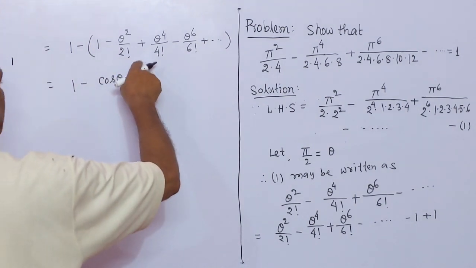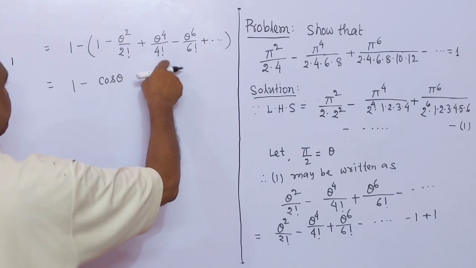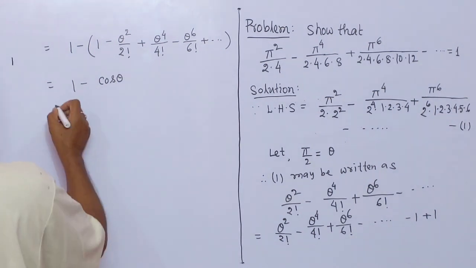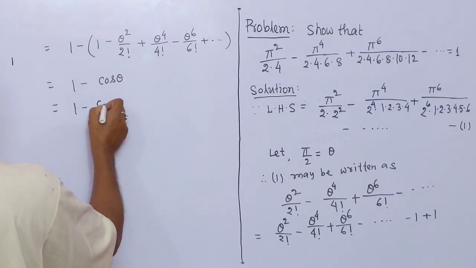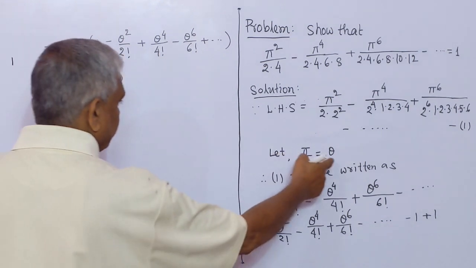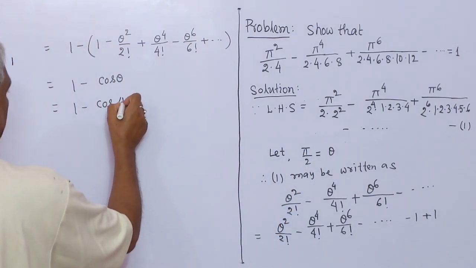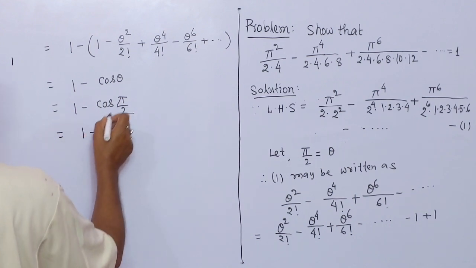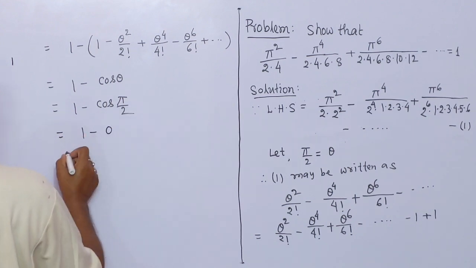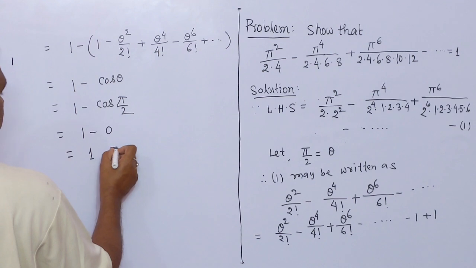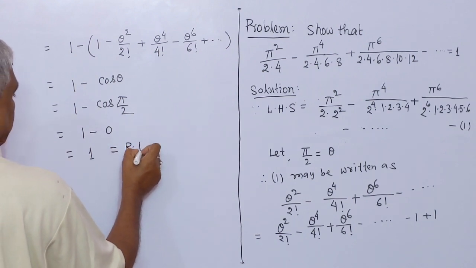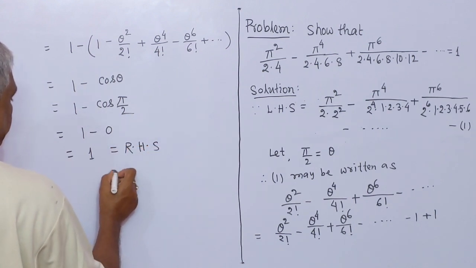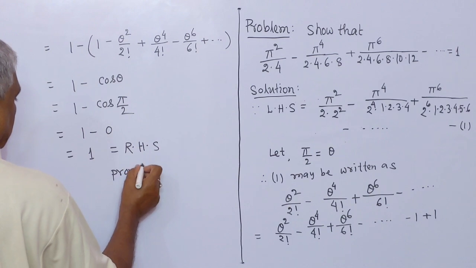This is the expansion of cos theta in powers of theta, and this equals 1 minus cos theta, that is cos pi by 2. This equals 1 minus cos pi by 2, which is 0, and this equals 1, which is equal to the right hand side, and proved.